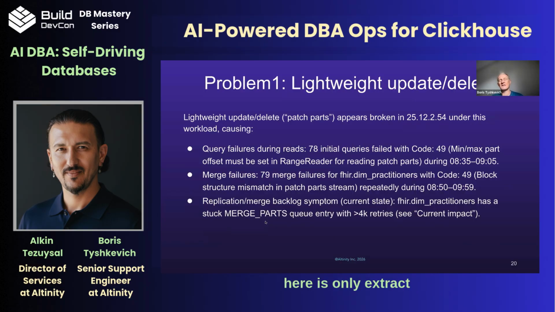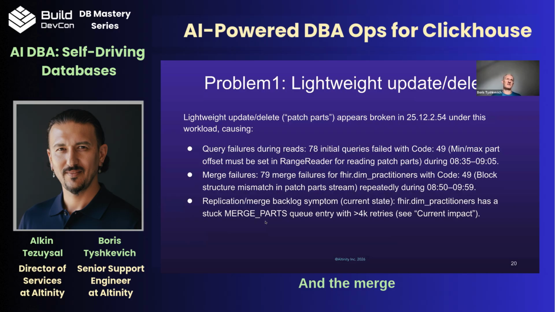And here is only an extract from the biggest document. So the most important problem is lightweight update, delete. I immediately got code 49, part range reader for reading patch parts. So some complicated internal ClickHouse errors and merge failures.